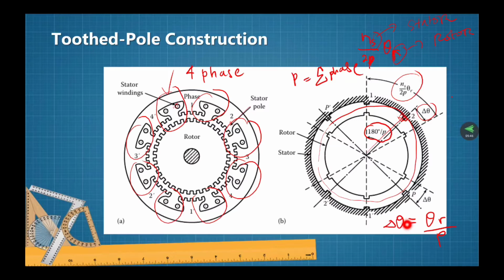Tooth stator construction can provide very small steps. That is, maybe this small step is equal to 0.72 degree, or more commonly it can be 1.8 degree.